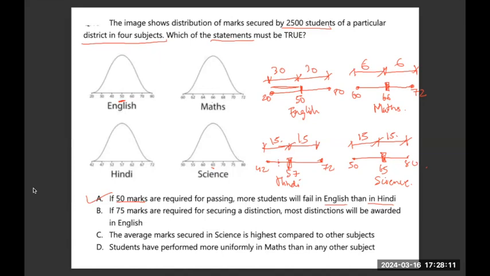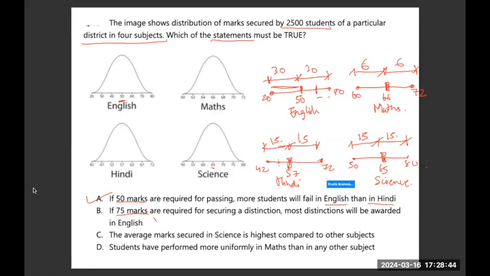Option B: if 75 marks are required for securing a distinction, most distinctions will be awarded in English. The 75 will come somewhere here, in the middle part. 1/4 of the class will be awarded distinction here. In maths, nobody will be given a distinction if 75 marks are required, so 0 students. In Hindi also 72 is the highest, which means no student is getting distinction.